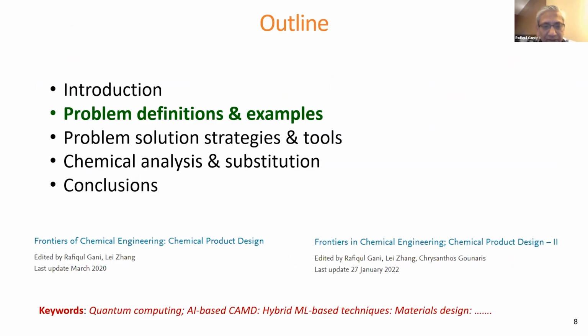The keywords there were quantum computing, AI-based computer-aided molecular design, hybrid ML-based techniques, material design, and many more. I will not highlight these. I will request you to see these papers in the journals, but I will give you my overview of them.